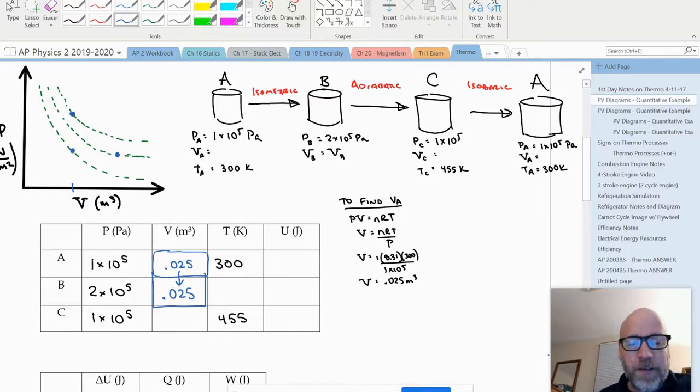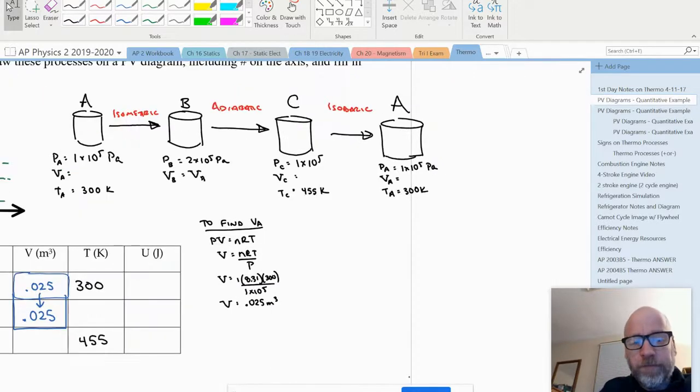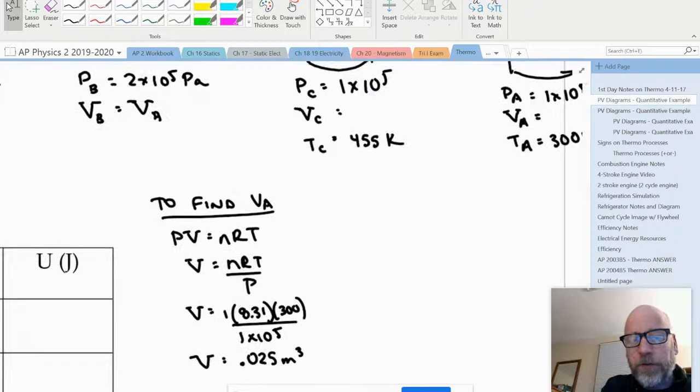And then for C, I believe I could find the volume again by doing the same process.